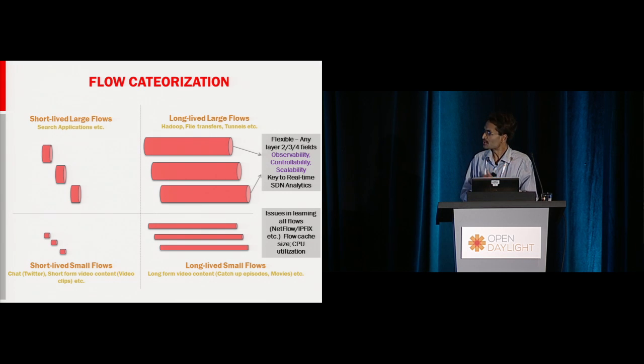The issues with such an approach are essentially your flow cache size, because you're trying to learn all the flows, and the short-lived flows are a vanishing act. So you learn them and then purge them. You need a huge flow table size, and because you're busy learning all the flows, your CPU utilization on your router will spike up. These are the key problems in the current flow-aware networking approaches.